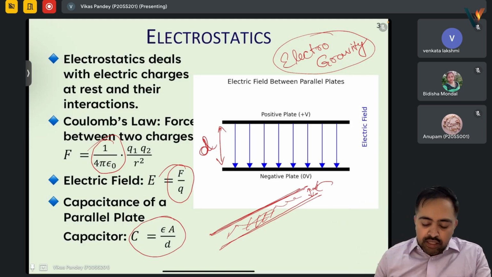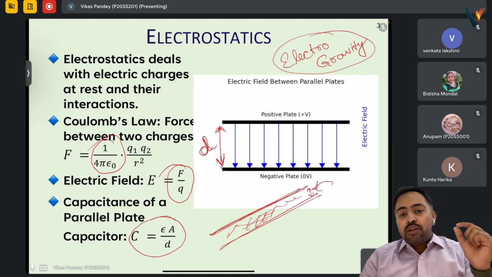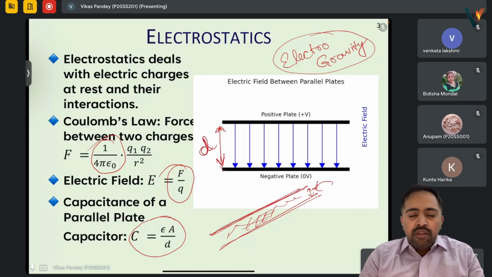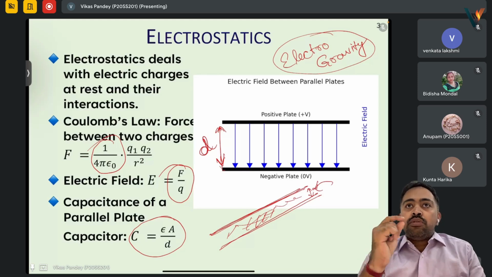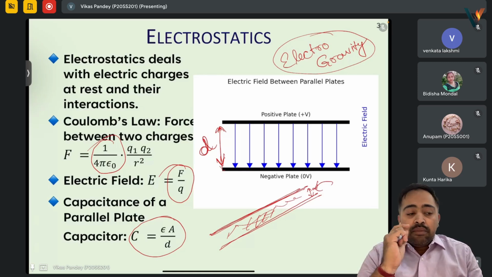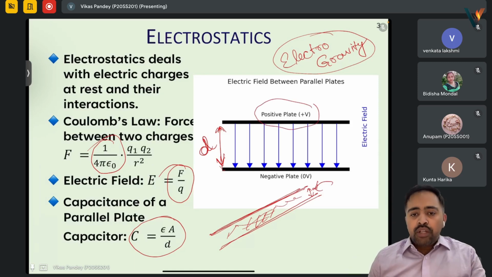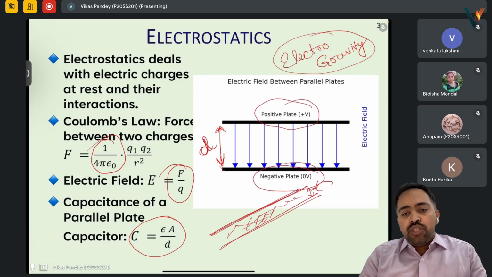So there are two factors that will define the capacitance. One is the distance d, and we already know that our dimensions are in micrometers, so the distance will be very, very less. That is one advantage, that using MEMS we can have very high capacitances in small area because d is very, very less. And the second thing is that we can control the charges based on the voltage we apply, positive and negative or 0 volt.